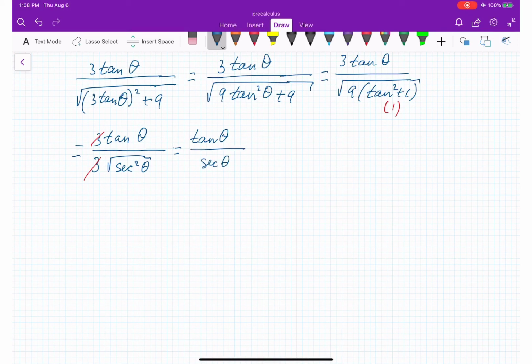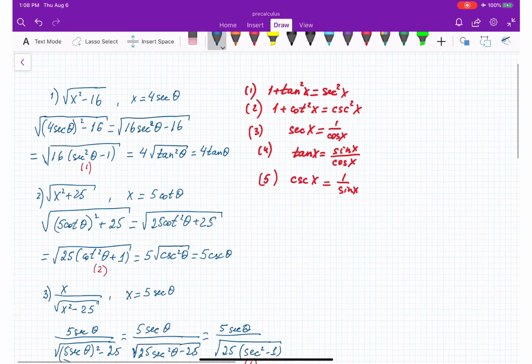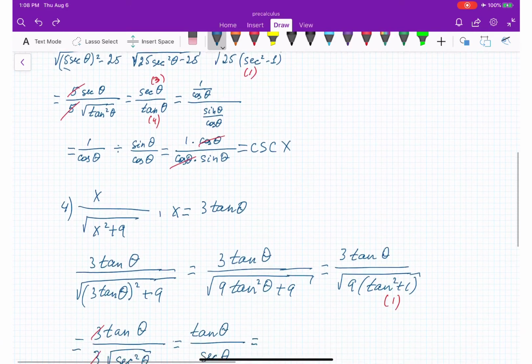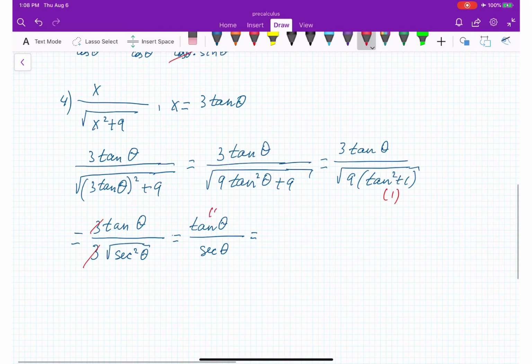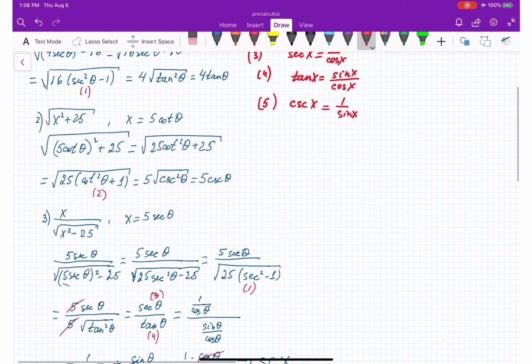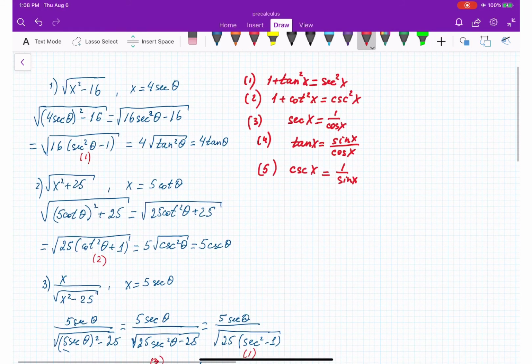So what is tangent? Tangent is sine over cosine, that is formula 4. And the secant formula is number 3, 1 over cosine.